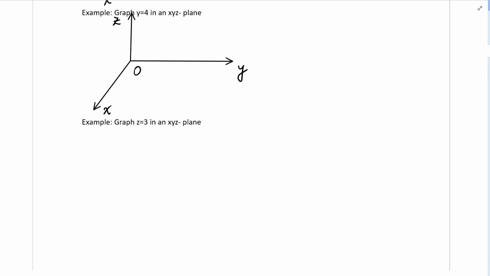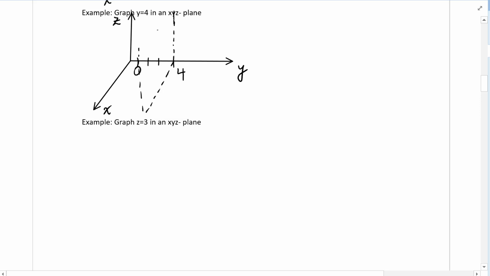Let's graph y equals 4 in the xyz plane. So 1, 2, 3, 4, it's y, which means y can be only 4, while x and z can be anything. So then we would go like this with x.